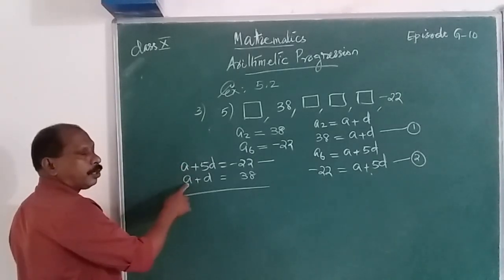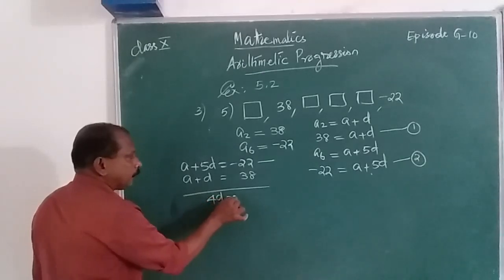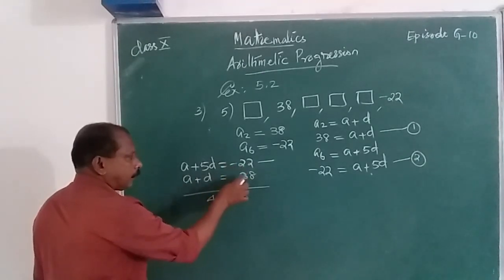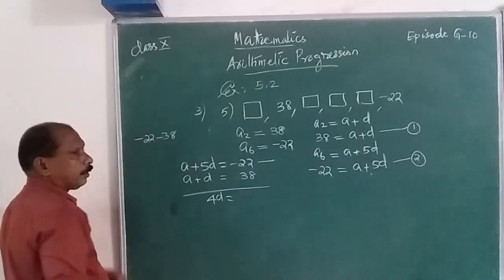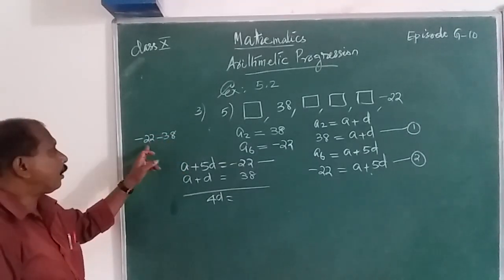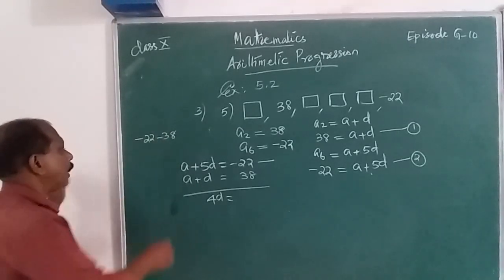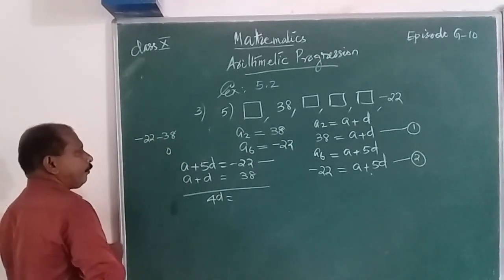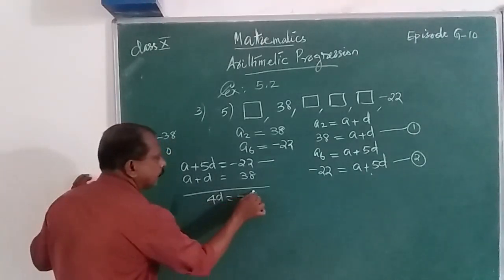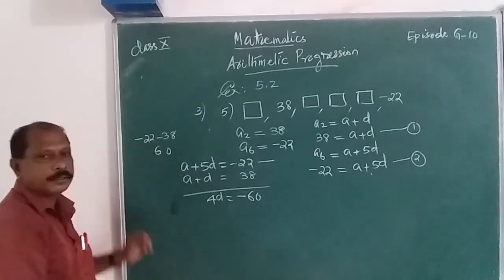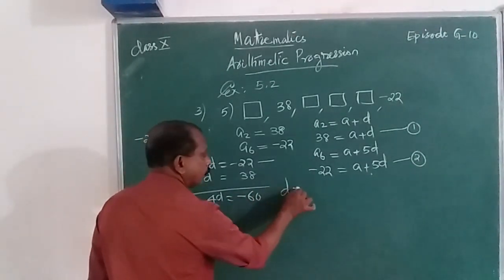A minus A, 0. 5D minus D, that is 4D, is equal to minus 22 minus 38. Minus 22 minus 38 is minus 60. Therefore, 4D is equal to minus 60. Therefore, D is what?